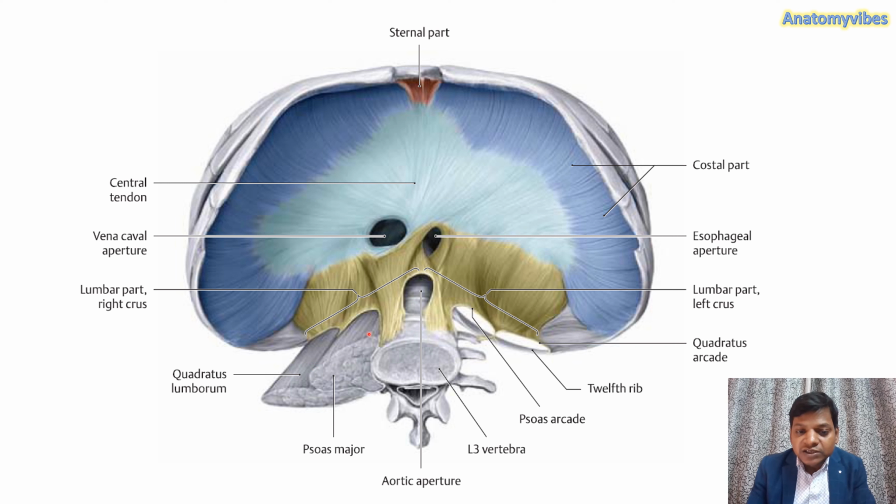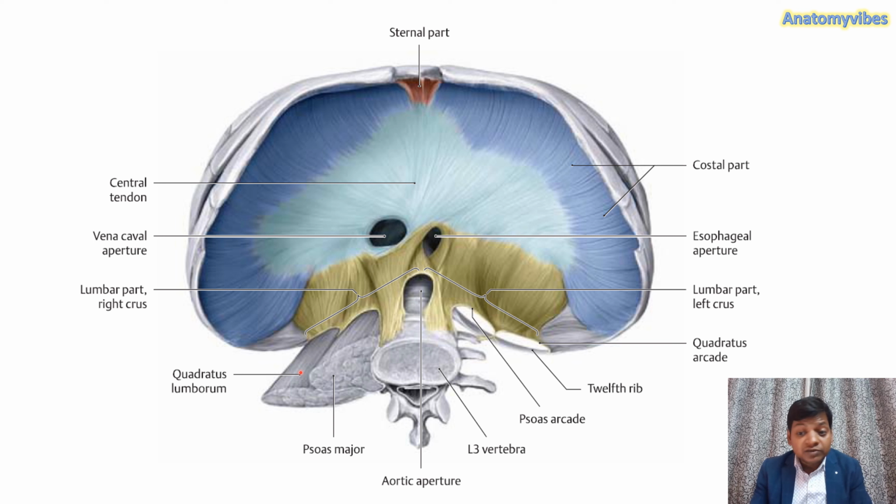The deep fascia covering these muscles will form some ligaments due to thickening. So psoas major muscle is covered by psoas fascia, and the thickening of this fascia will form the medial arcuate ligament. So this is the medial arcuate ligament.